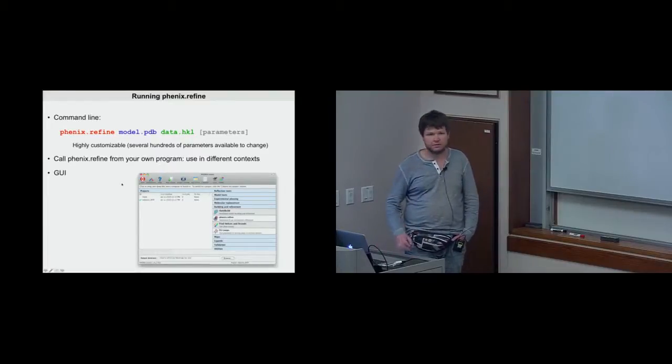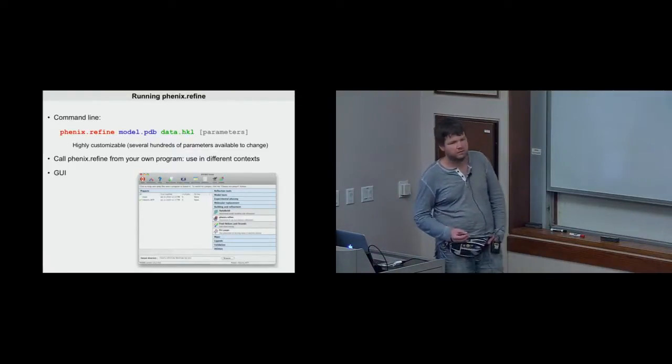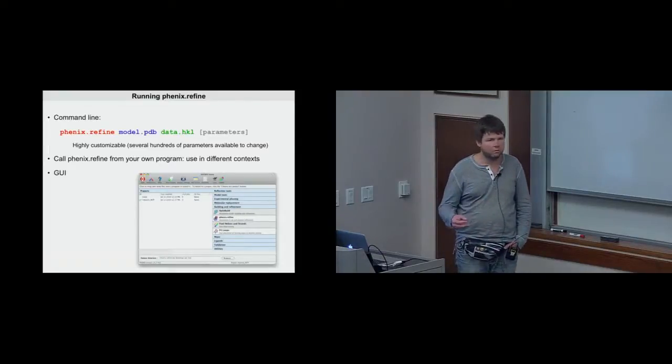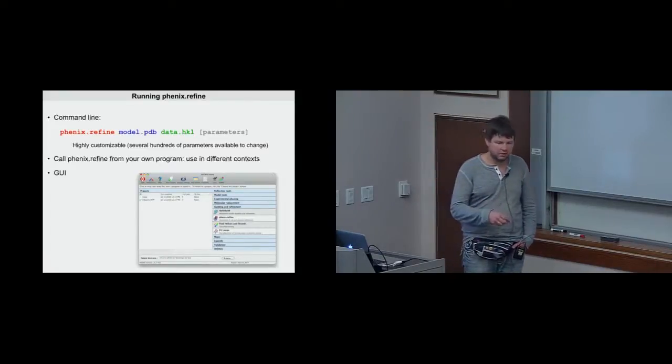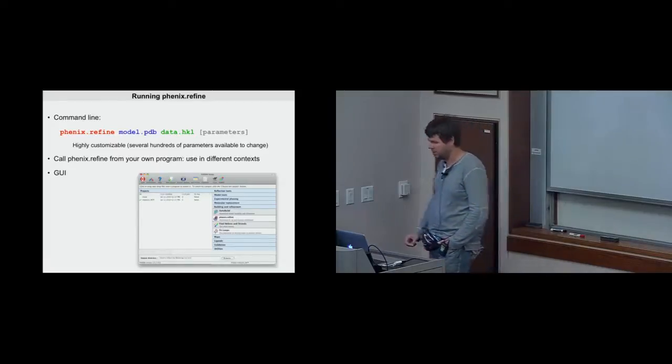We'll practice this tomorrow morning, first thing. And also, it's available as modules at Python scripting level. So, for example, if you're developing your own model building tool that requires refinement, you can import Phenix.refine and use it as refinement engine.